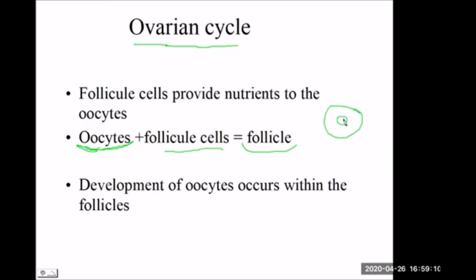You've got the oocyte, and then the bordering cells on the edge, the follicle cells, and the entire thing is one follicle. Within the follicle, the bordering cells are giving nourishment to that still maturing oocyte, and we'll work through the stages that occur within.